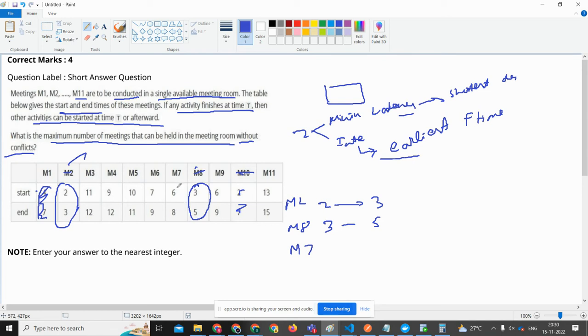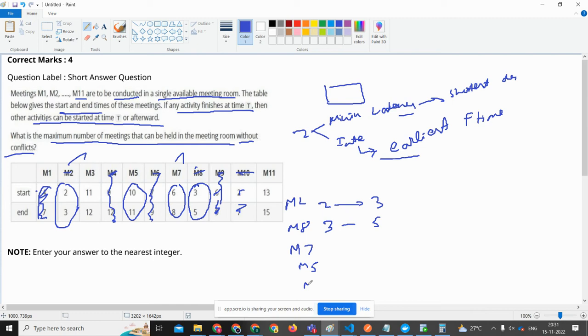We choose M7 and remove M9 because it's in between 6 and 8. We should remove M6 also, because 7 is in between. Then M5, which is 10 to 11, so you should remove M4.